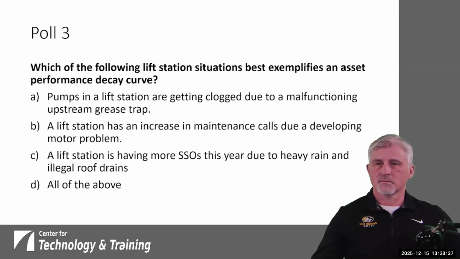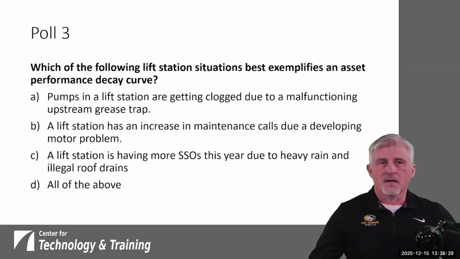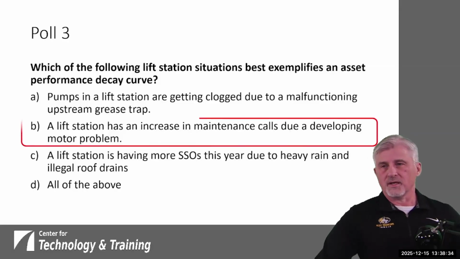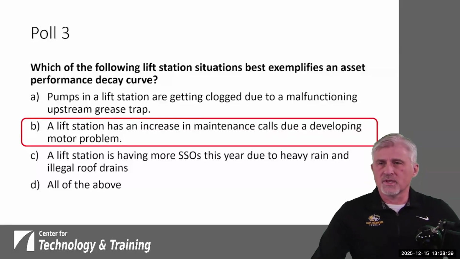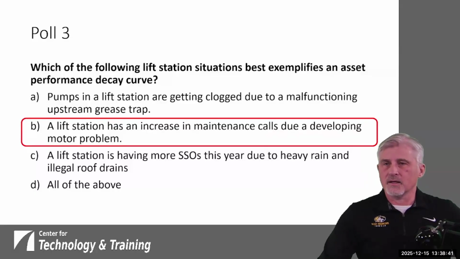So we'll move on, and the answer is B, a lift station has an increase in maintenance calls due to a developing motor problem. And the reason that A and C would not be part of an asset performance decay curve is that both of those are things that are not truly associated with the performance of that lift station.